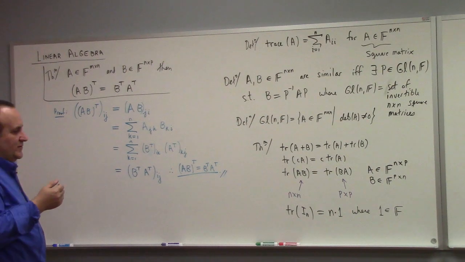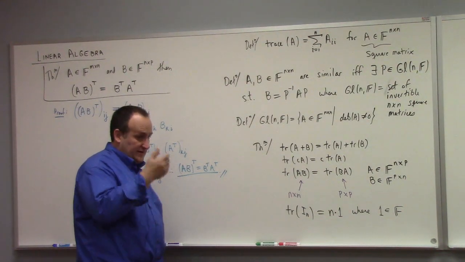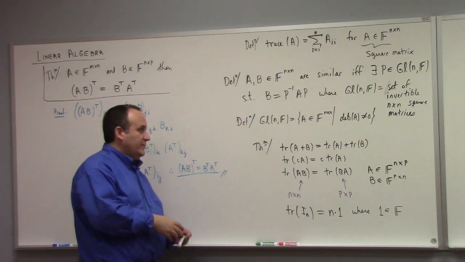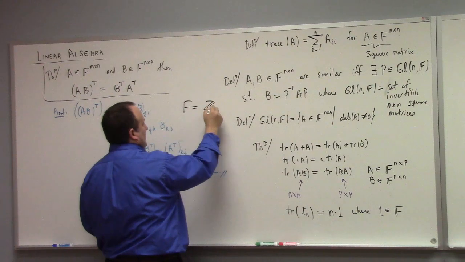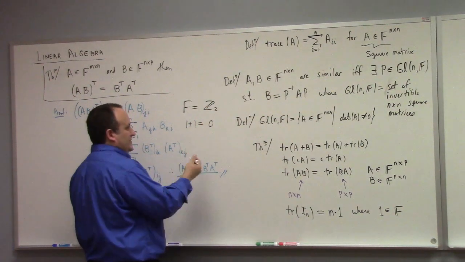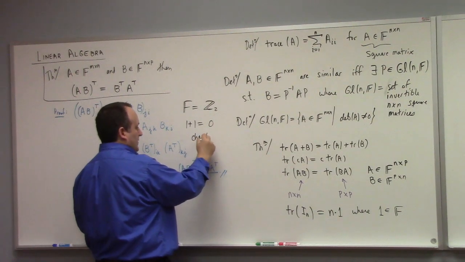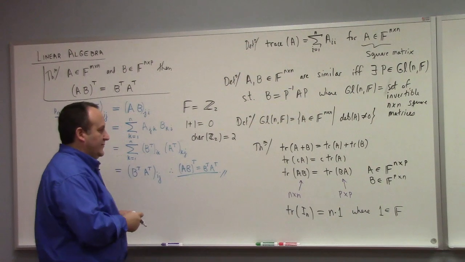Characteristic 0 means that no matter how many times you add 1 to itself, you never get back to 0. In contrast, if we work over the field Z mod 2, 1 plus 1 is 0. So the characteristic of Z2 is 2. That's a characteristic 2 field. That's kind of the worst.